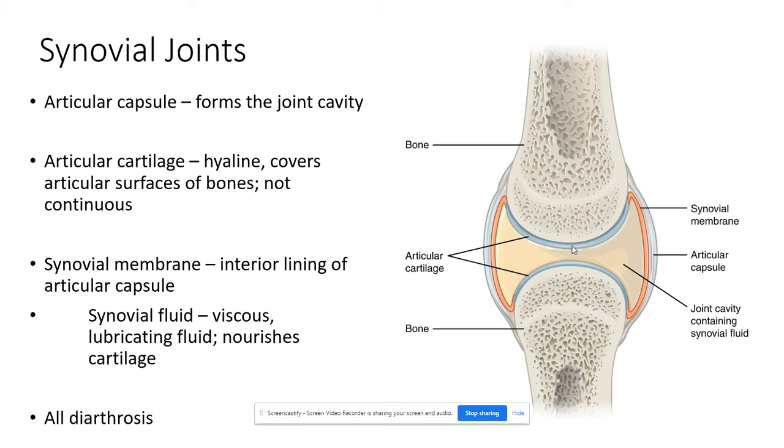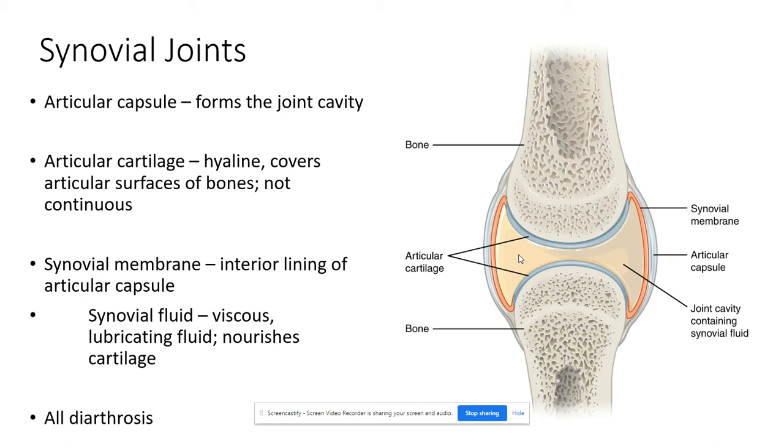It is not necessarily a continuous structure, but it does have a particular location that's located on the top surfaces of the bones. The synovial membrane is an interior lining of that particular capsule, and then located inside is a viscous lubricating fluid that provides nutrient to that capsule.